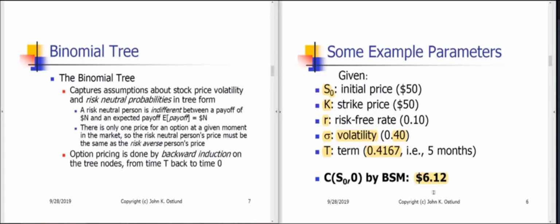Okay, so for a European call, if we believe that the assumptions in the Black-Scholes-Merton model are reasonable, and if we believe that we've been able to measure volatility and risk-free rate and so forth accurately enough, then this is a very quick and convenient way of getting a correct price.